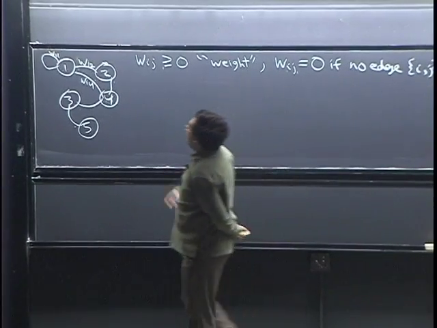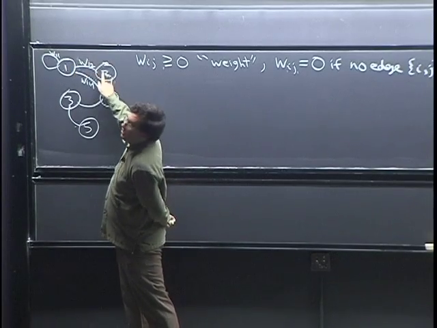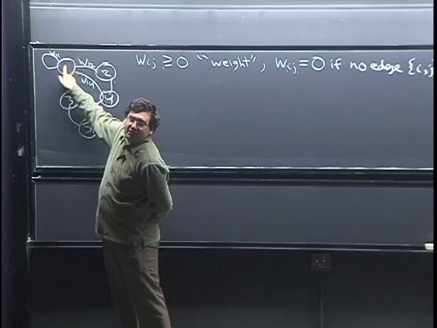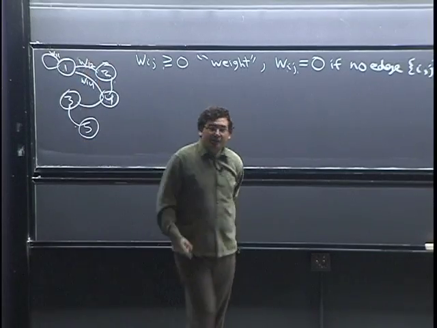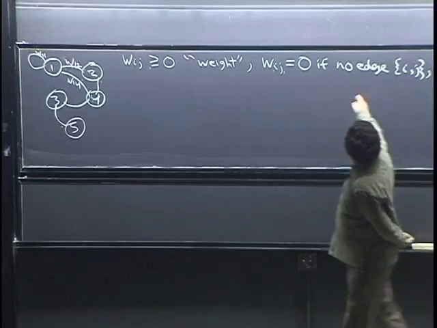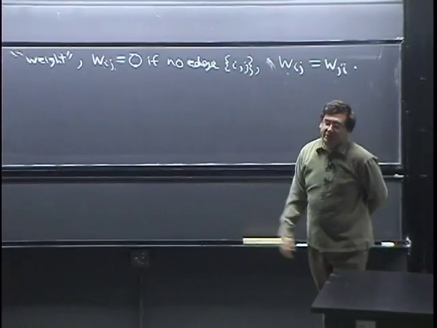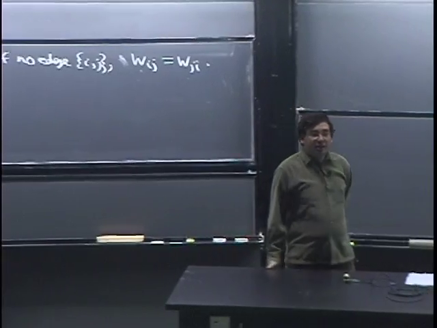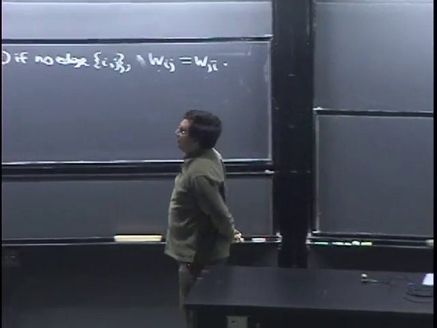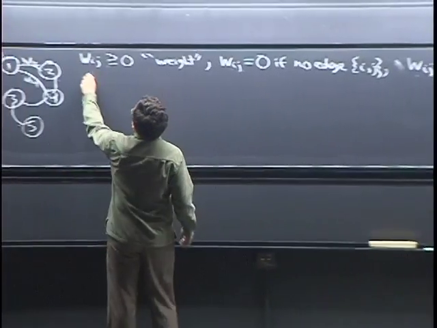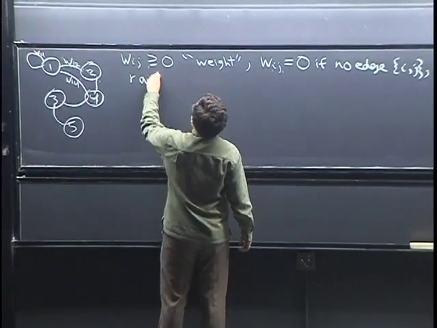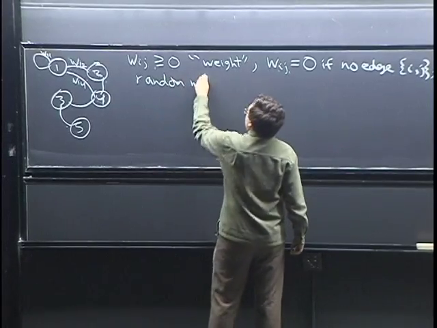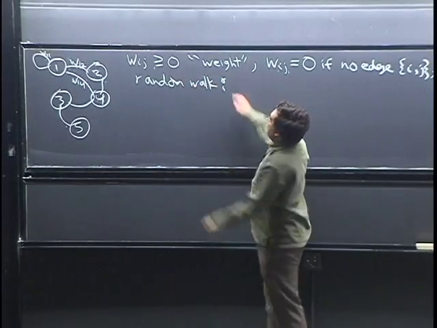But I'm not allowed to write one number that applies going this direction and another number that applies in the other direction. So it's the same number. Okay, so we may as well just express that as a symmetry condition, Wij equals Wji. And now the way the random walk proceeds is, here's our random walk, analogous to what we did before, except we're generalizing it with these weights.